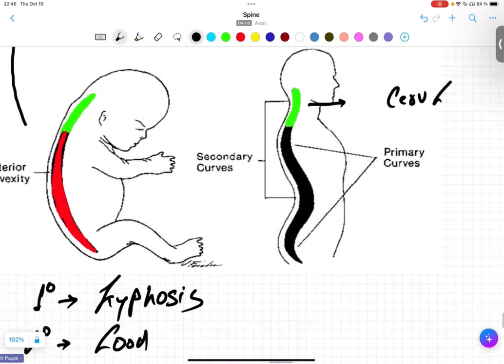So cervical lordosis. And since this curvature has formed after birth, this is the secondary curvature. Similarly, at the level of the lumbar vertebrae, when a child starts to walk, he will form another curve, the curve of the lumbar region. And what is the name of the secondary curvature again? Tell me.